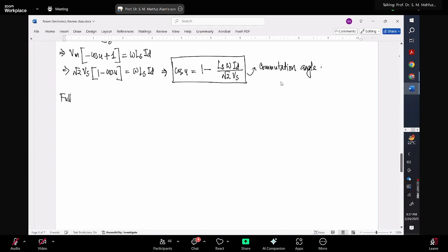So now for the full wave rectifier circuit, if I consider the idealistic one, suppose we have a full wave rectifier circuit without the source inductance, but we have 4 diodes.